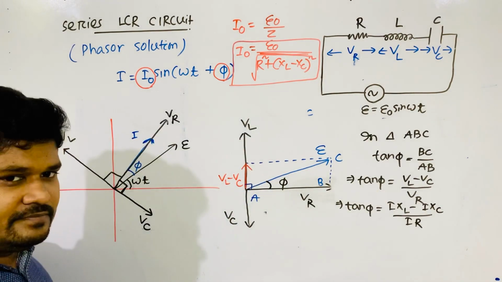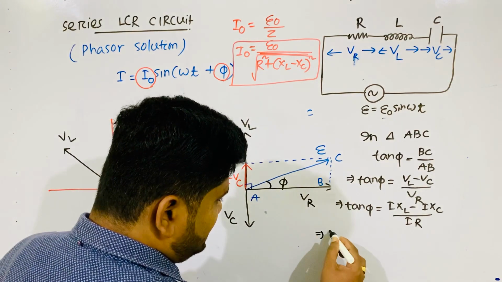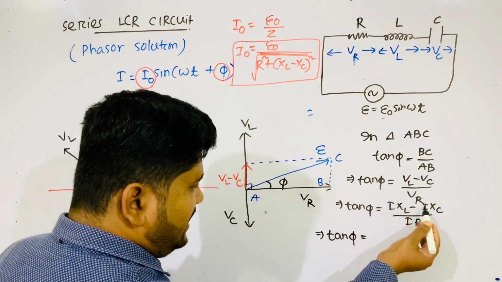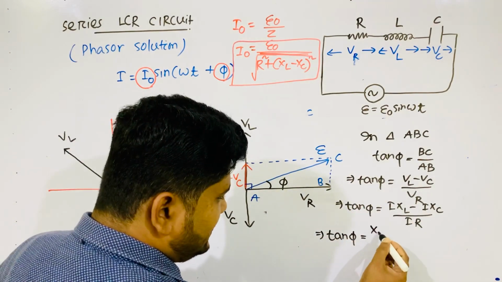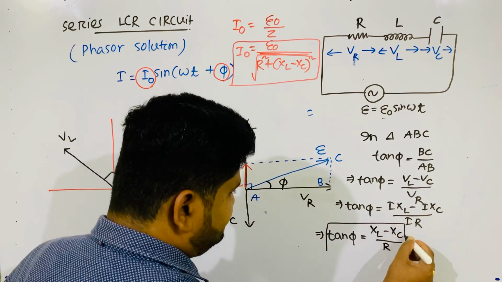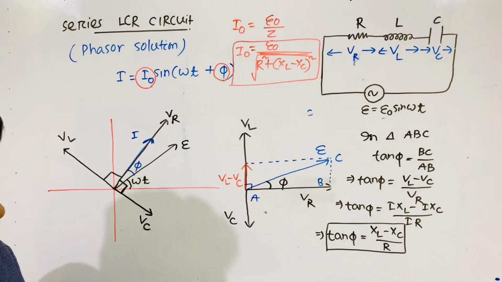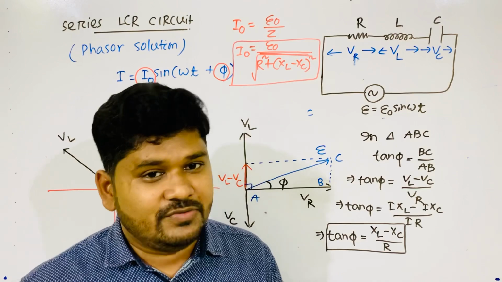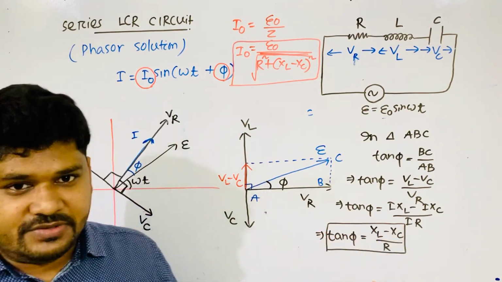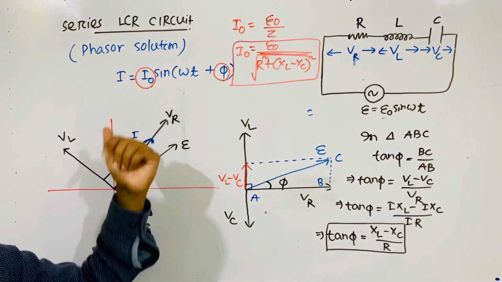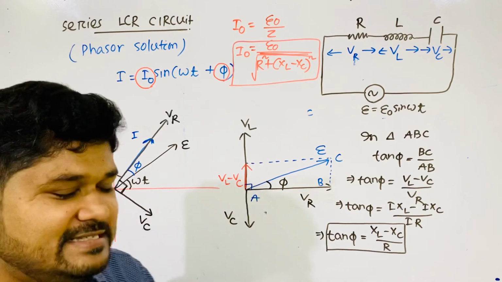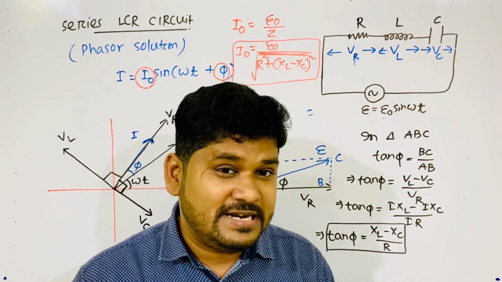I R. Then tan phi equal to I cancels, XL minus XC by R. This is the expression of phase difference. So that means phi is equal to tan inverse of that, which you know. Okay. So you got phi, we got I naught. So now the series LCR circuit, complete solution we did.